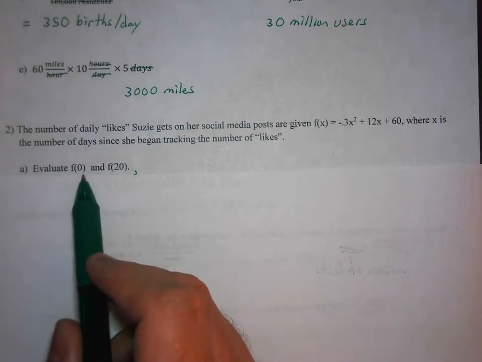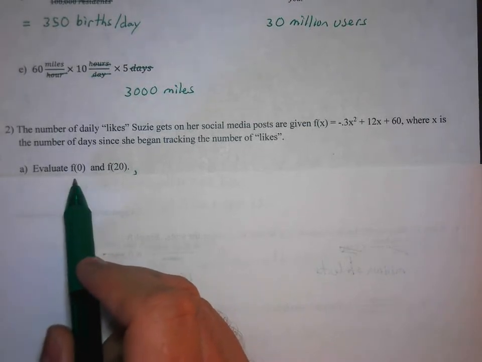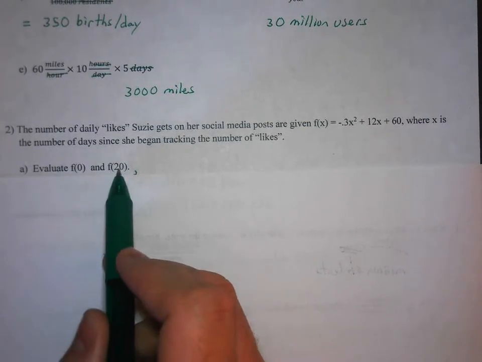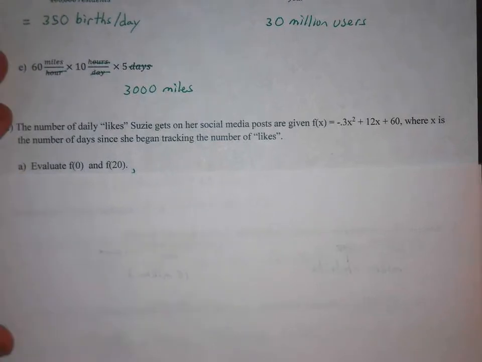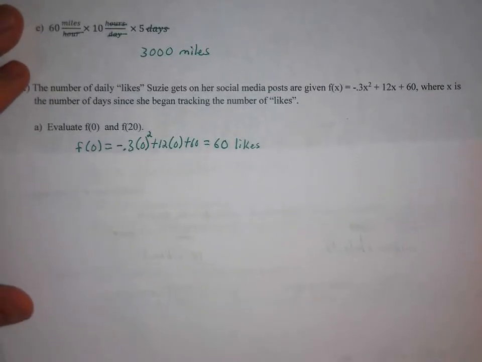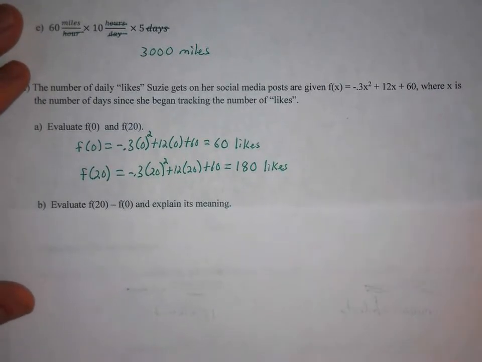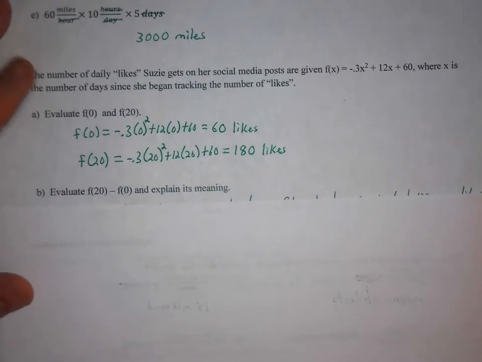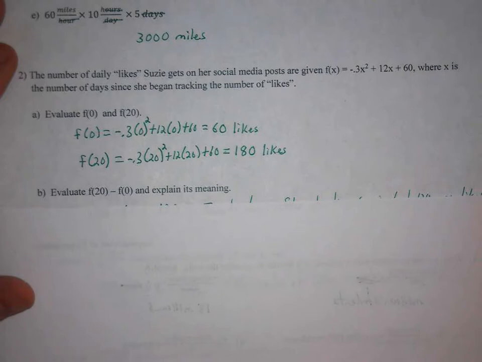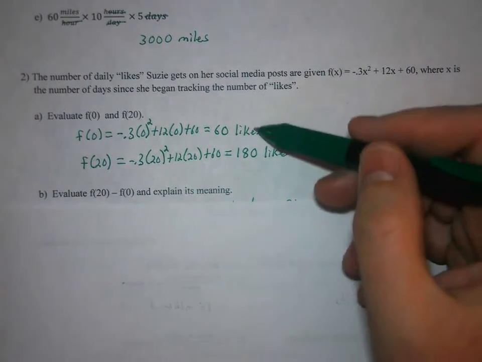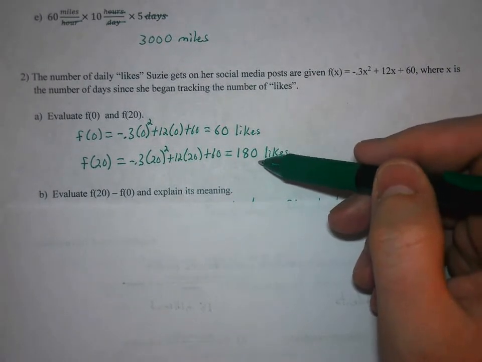So that's like the start of when she started keeping track of her likes. 20 means that she's 20 days since she started tracking her likes. So just a straightforward substitution. Okay, so I show the substitution of 0 and 20 into the function, and you get 60 and 180 for your answers.